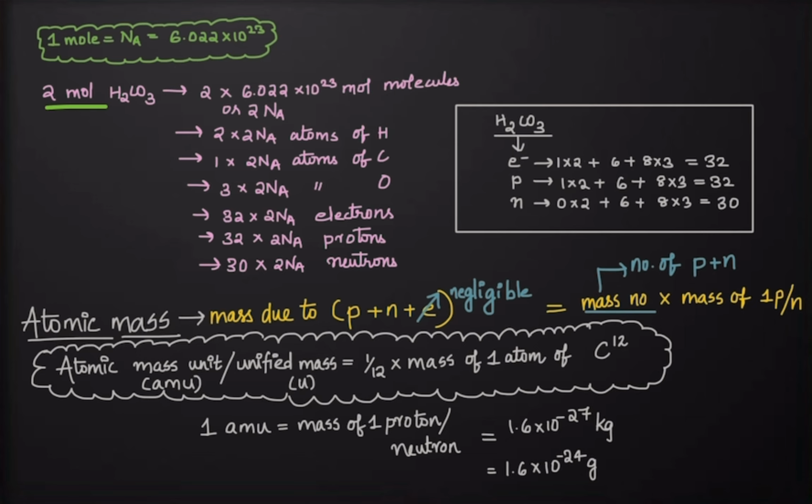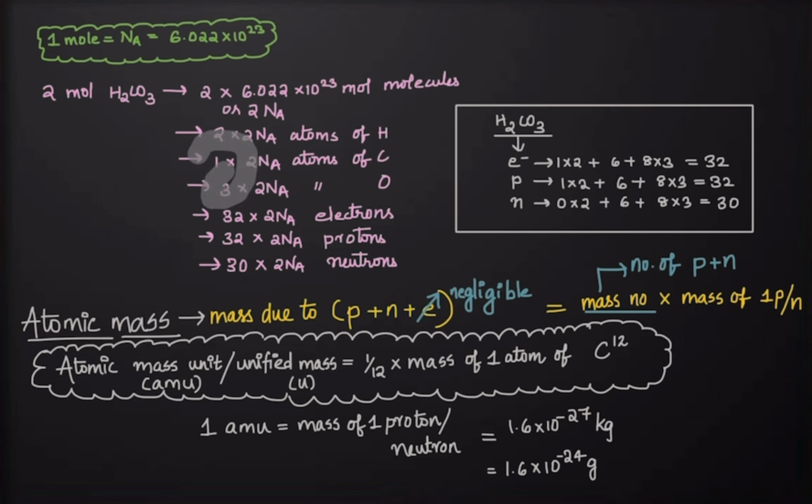So the number of hydrogen atoms is 2 atoms of hydrogen, for 1 mole. For 1 mole, 2 atoms of hydrogen are present, but for 2 mole, 2 into 2 Na atoms of hydrogen.